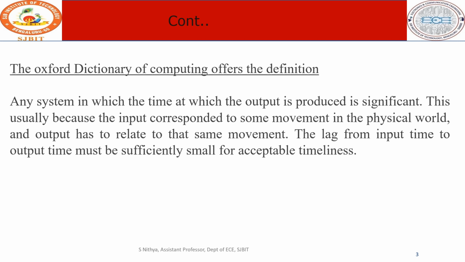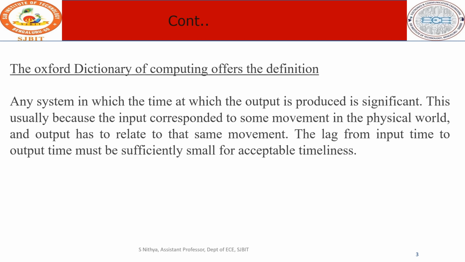The lag from the input time to the output time must be sufficiently small for acceptable timeliness. So the real-time system captures information related to the environment, the physical world.